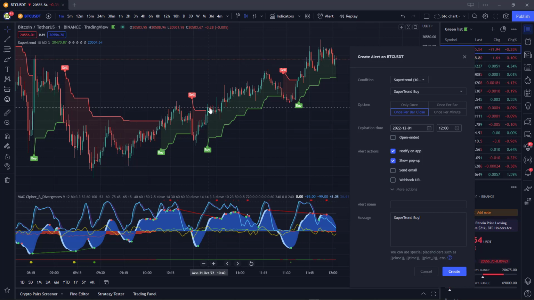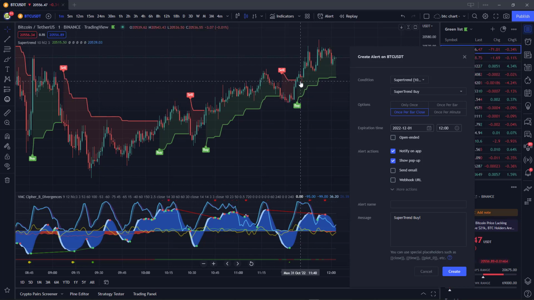If it gets to the next candle and that buy signal is still there, that means it's confirmed. Because sometimes it can print a buy signal and then the next candle a sell signal, or the buy signal can disappear because the price drops again within that same candle. So it prints and then it deletes it, and that would send a false signal to your bot.